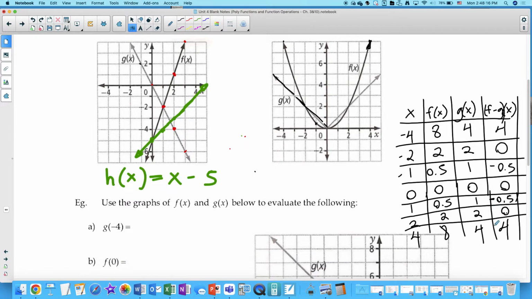Okay, so now I'm going to plot these guys. It's going to be weird. Yeah, it's going to be like a sort of part of a heart. Okay, so let's see. -4, 4. -2, 0. -1, negative 0.5. 0, 0. 1, negative 0.5. 2, 0, and 4, 4.